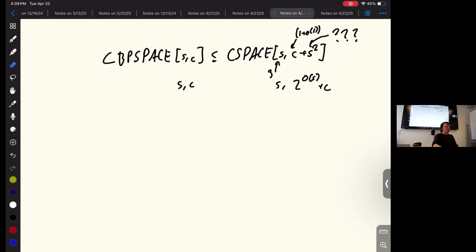It's like Nisan's PRG, but with a bunch of extra gas behind it. And then once you get to this part, I really have no control over the constants. But you don't need to do SD connectivity. You don't need to do Reingold or anything. They're not truly atrocious. Most of the constants that appear in these things are like 2, 3, etc. Except for the runtimes. The runtimes are like n to the 9 or stuff like that.